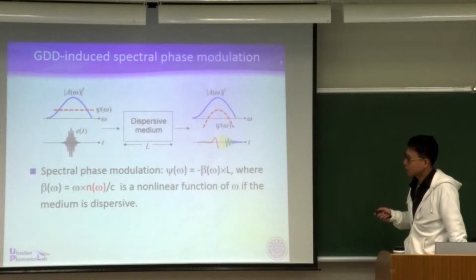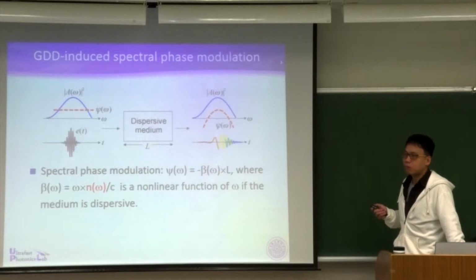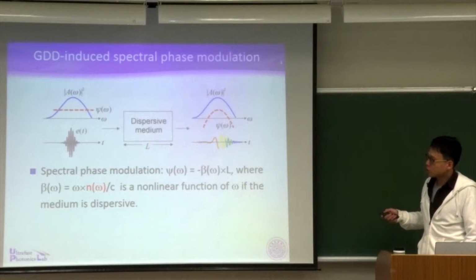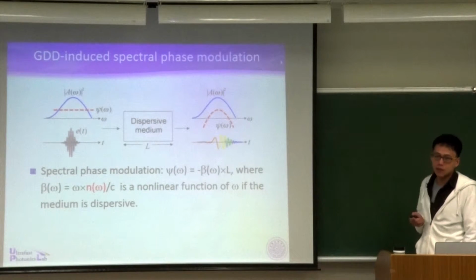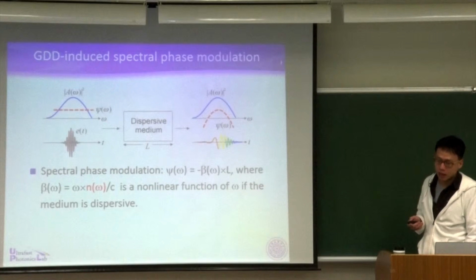It is a constant. How about beta of omega? We know it means the propagation constant of the medium, which is usually formulated in this way: omega times index of refraction over light speed in vacuum, c. Basically it's index times the wave number in vacuum, omega over c.